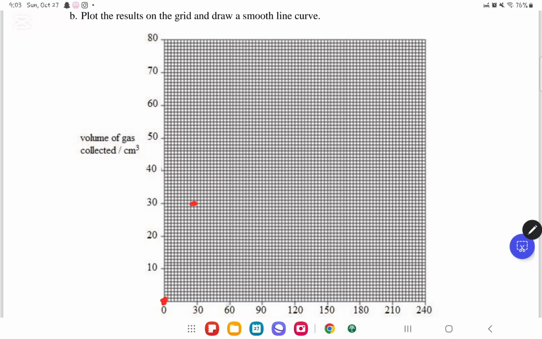At 60 seconds we collected around 46, so I believe it's going to be here. At 90 seconds we collected 58, so it's here. At 120 seconds we collected 65, so I think it's here. Then at 150 seconds we collected 70.